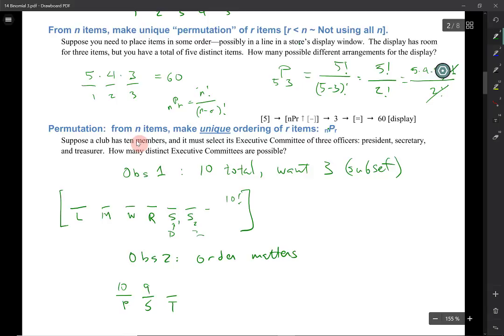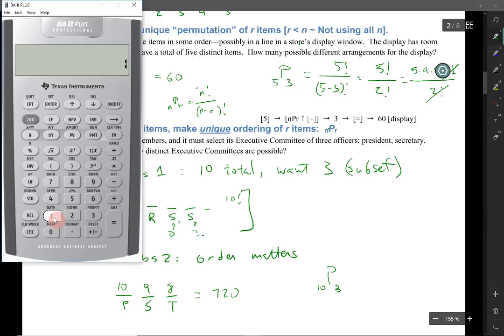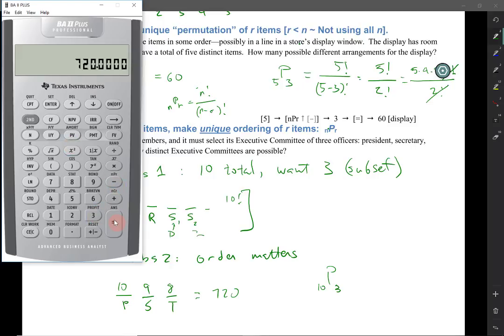Then those 2 already have jobs, and you can't have repeats in the executive committee, so that's 8. So 9 times 8 is 72, times 10, so this is equal to 720. Of course, you could spot this as a permutation: 10 items, and you want to pick 3. So you do 10, then shift minus sign, 3, and that's the 720.